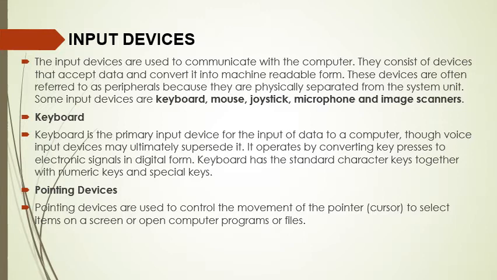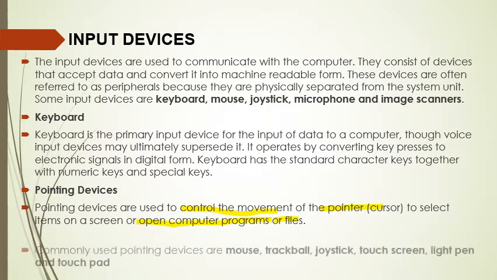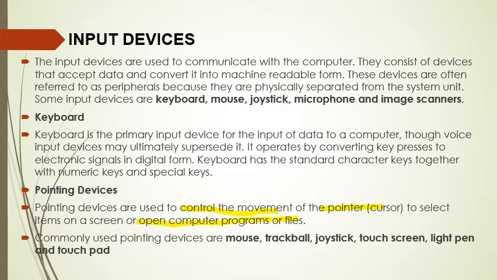One is moving your pointer on a screen, and the second is opening a document or file inside your computer. Commonly used pointing devices are mouse, trackball, joystick, touch screen, light pen, and touchpad.